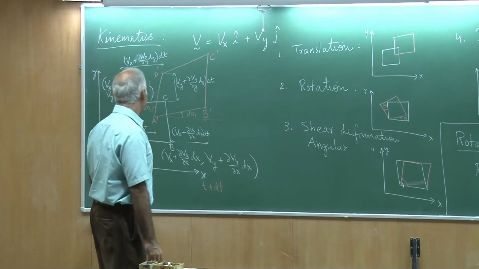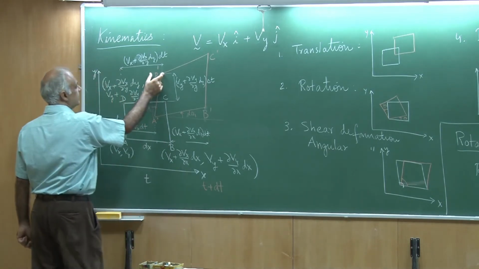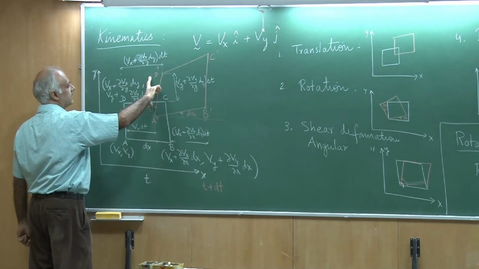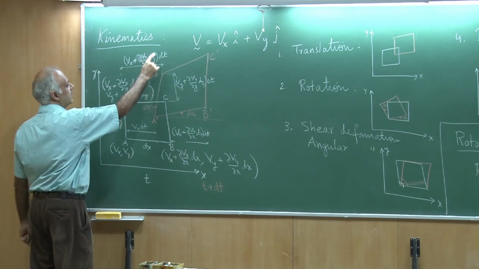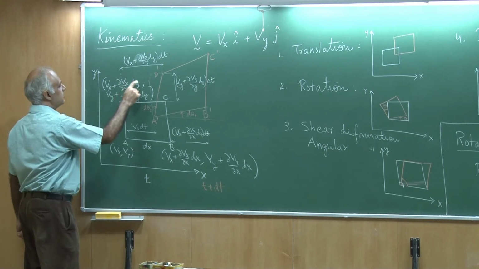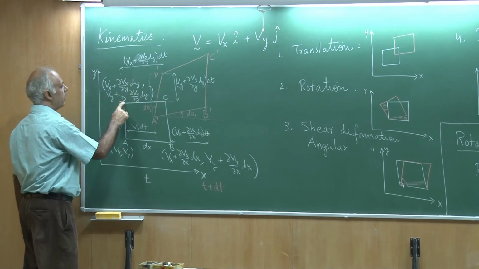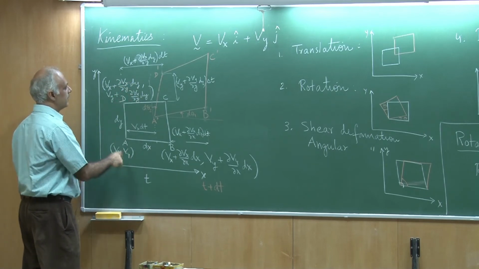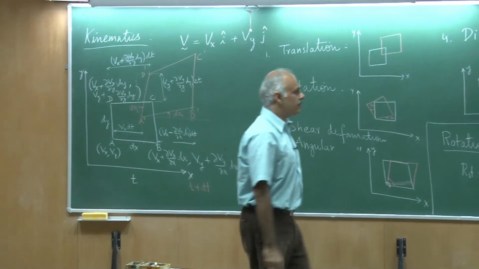So, that would be essentially this distance divided by this distance. So, this distance is essentially coming because of this speed here, which is changing of the point D with respect to A.